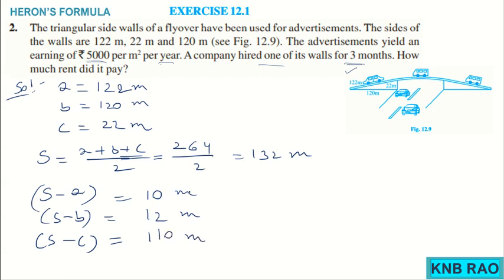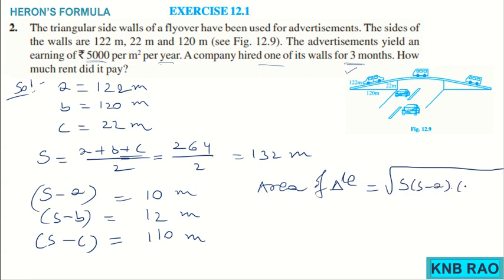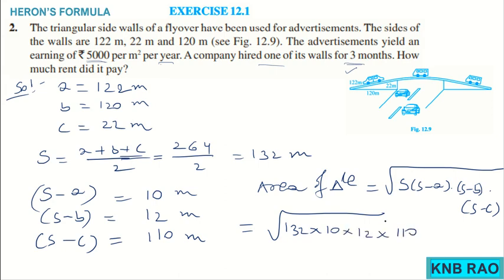Now, using S minus A, S minus B, S minus C, you know how to find area of a triangle. By Heron's formula, it is S into S minus A into S minus B into S minus C. That means 132 into 10 into 12 into 110.